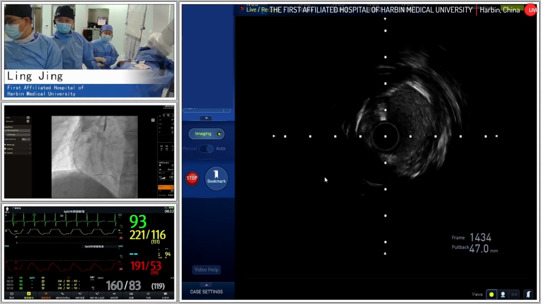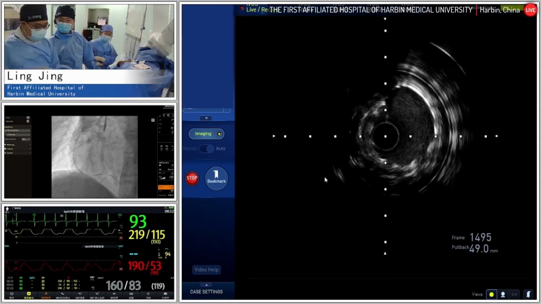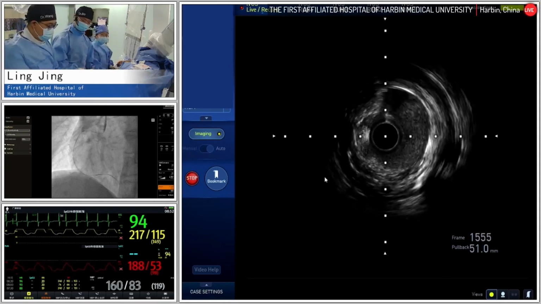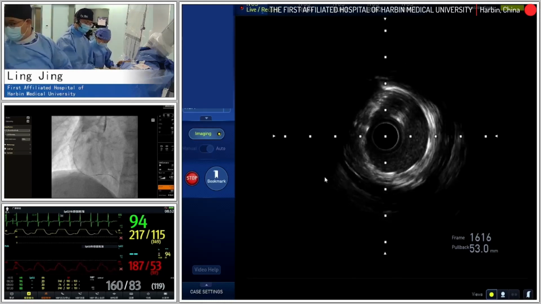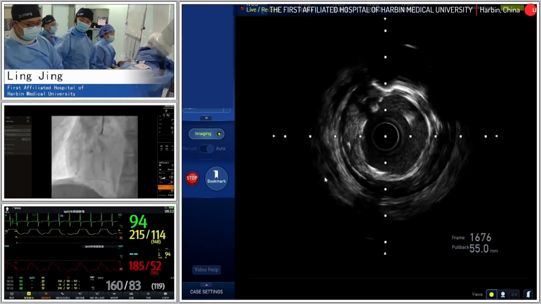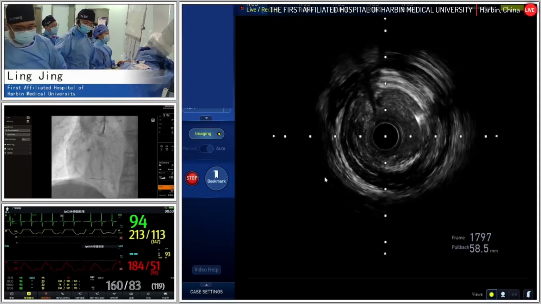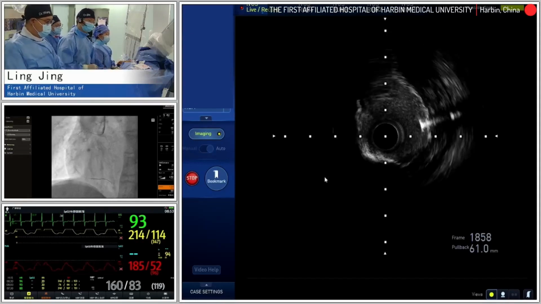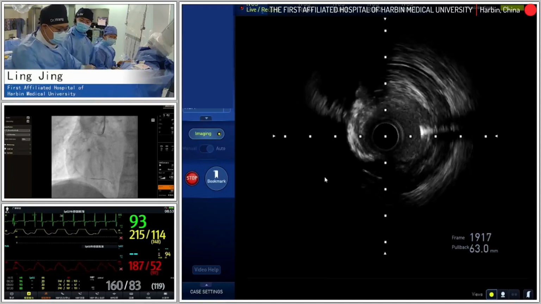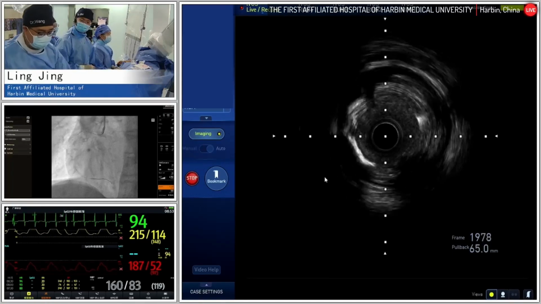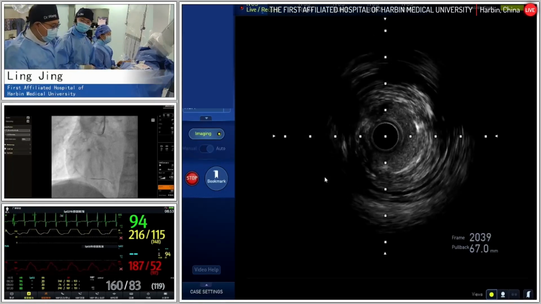This is the attenuated part. So we need to prepare something because we can see the highly attenuated spot. After NC balloon, the majority of the time there is a slow flow phenomenon after the highly attenuated plaque under the IVUS image.